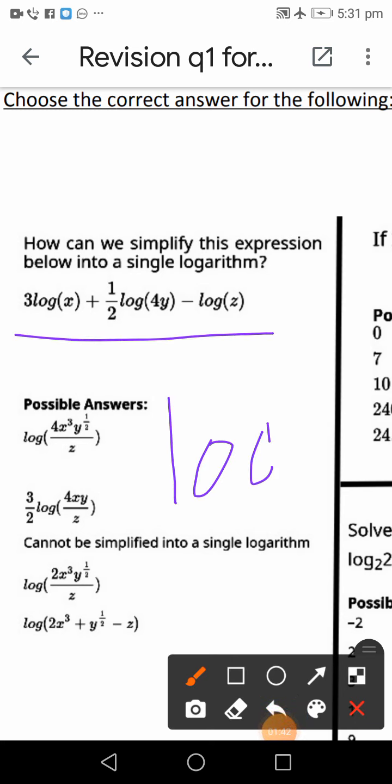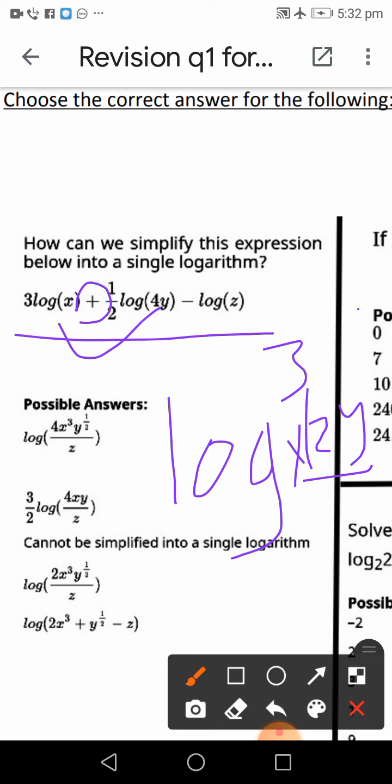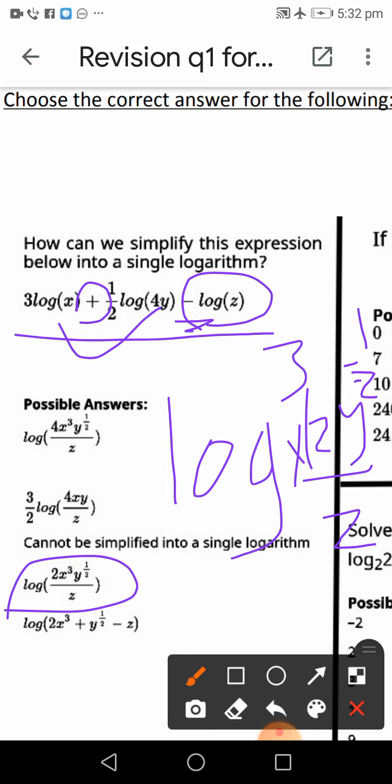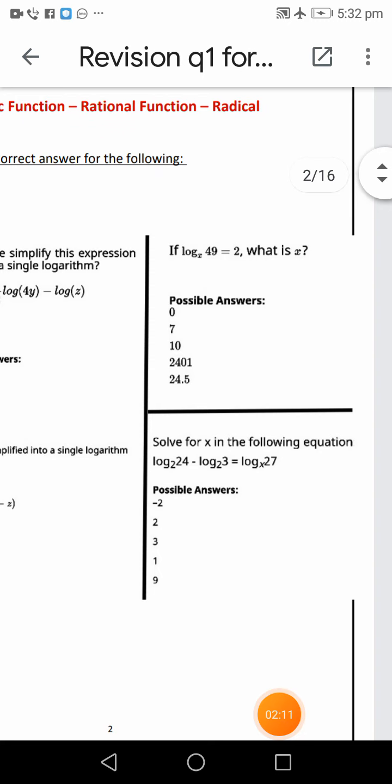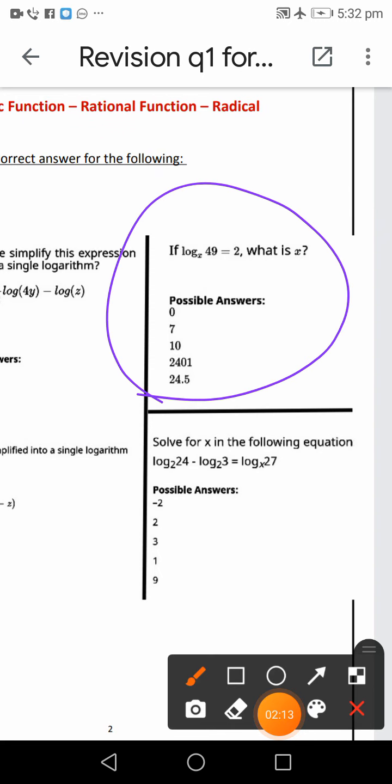I have log plus, which means adding, so x cubed, and here 2 times 2 y power half, right? What about log z with subtraction? So it will be divided to get this answer. And this type of question by calculator is allowed.